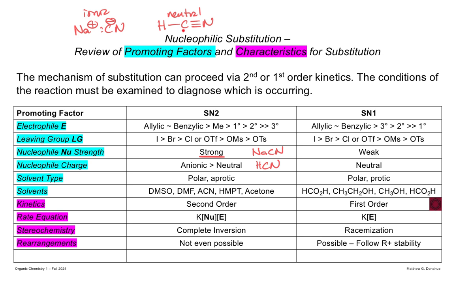Carbon might own a little bit more of that polar covalent bond, but it's shared, and there's really no opportunity for this to be as nucleophilic as when those electrons are just ready to go. So typically you're looking at the ionic or neutral form, and then in terms of strength when comparing different nucleophiles, that trend runs opposite electronegativity.